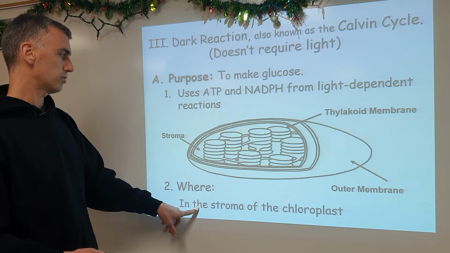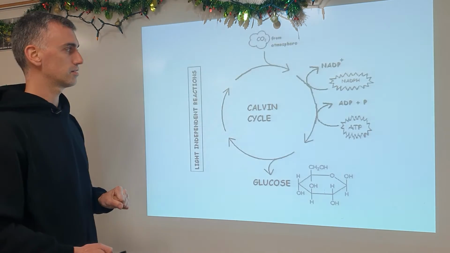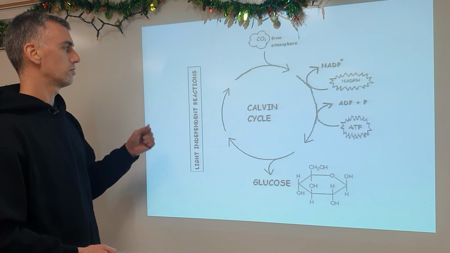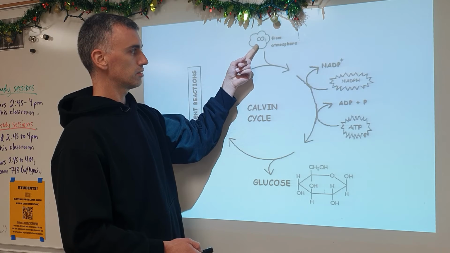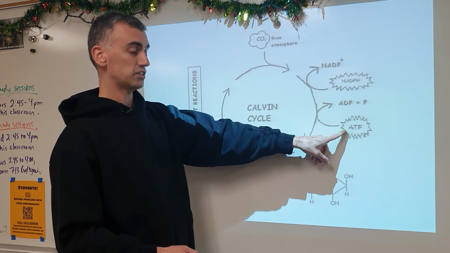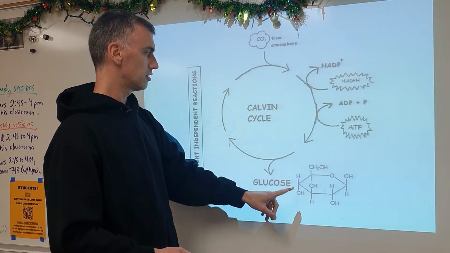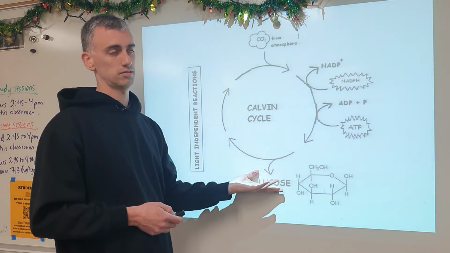So where? In the stroma of the chloroplast. Again, the stroma is just the empty space inside the chloroplast. So this is the overview of the Calvin cycle. It takes CO2 from the atmosphere, and then it extracts electrons from NADPH, it extracts energy from ATP to rearrange these to make glucose.